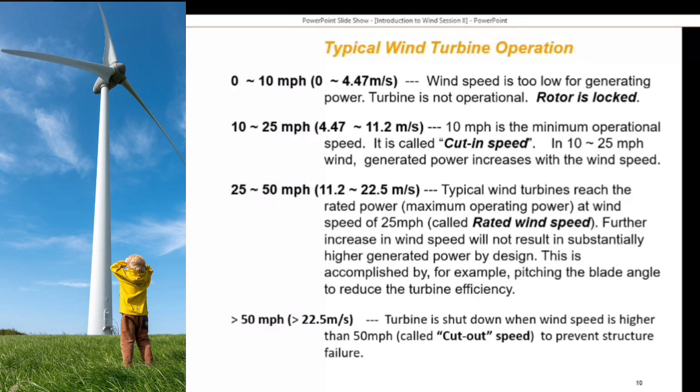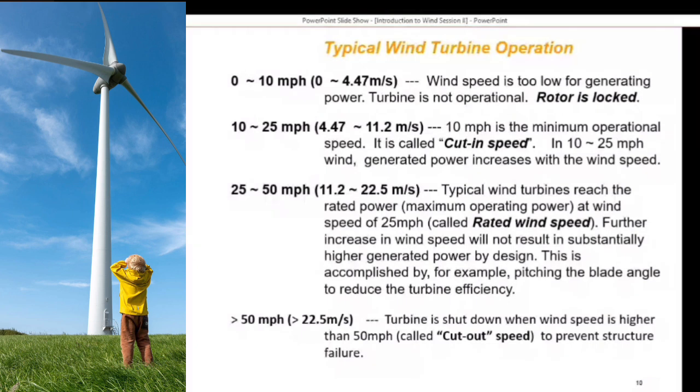Now from 11.5 to 22.5 is where we can produce at the maximum. For example, if it is designed for an output of 5 MW, to get that maximum, that is what we call the rated wind speed.